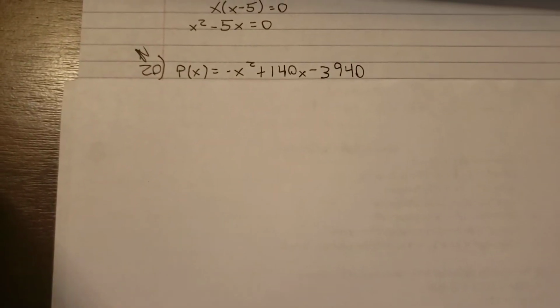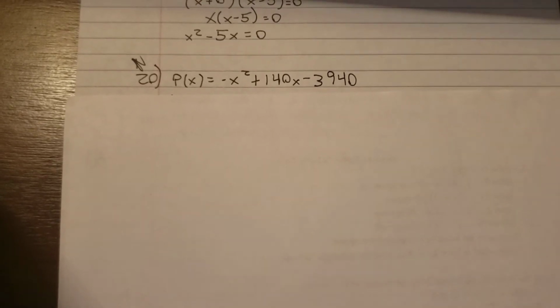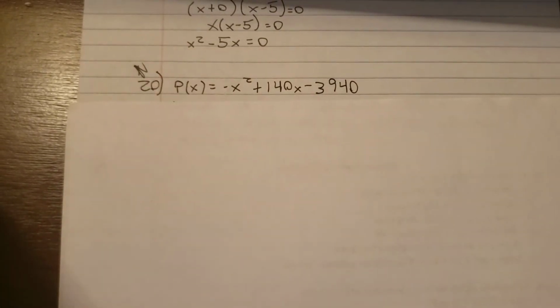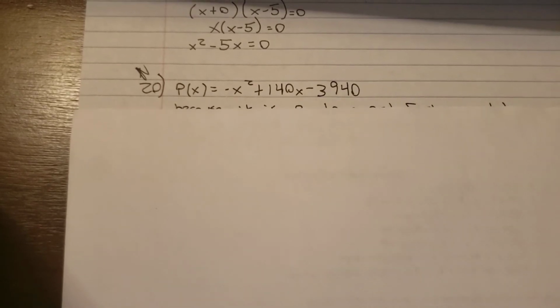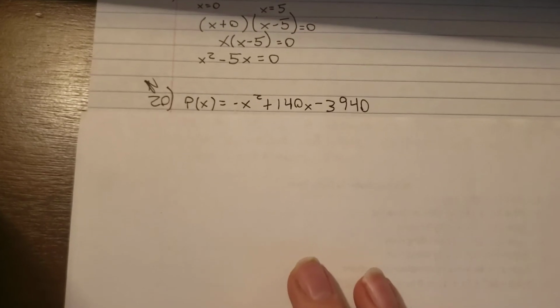Again, I just rewrote it here. For those of you who aren't able to print, just do the problems like this. You don't need to rewrite all the words if that's the case. Just give me kind of the basic information.